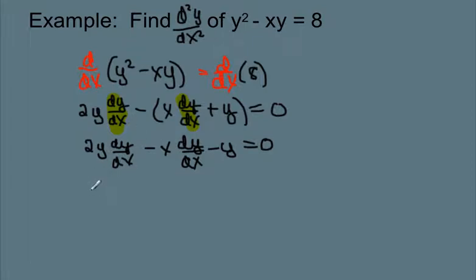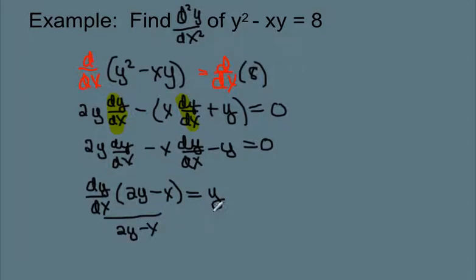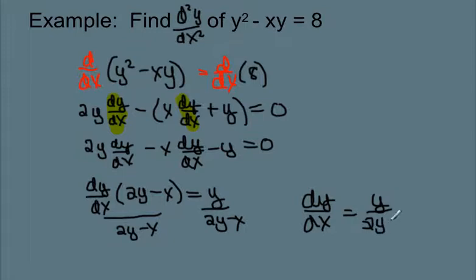Okay, so I'm going to pull out dy/dx, and I'm left with 2y minus x. Bring the y over to this side, so divide both sides by 2y minus x. That gives me a first derivative of y over 2y minus x.